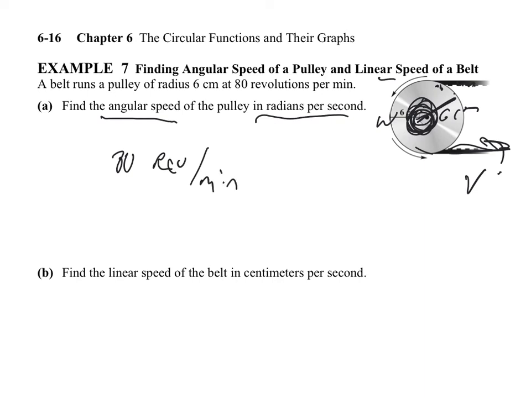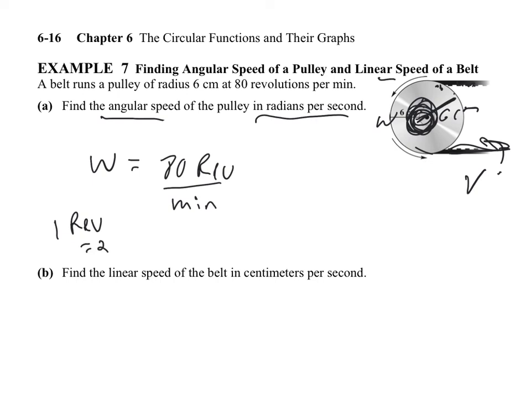Let me clean that up. Omega is 80 revolutions per minute. And 1 revolution, remember, is 2 pi radians.